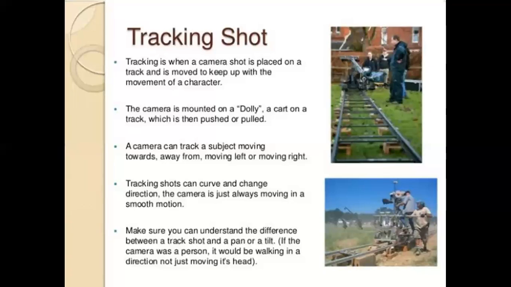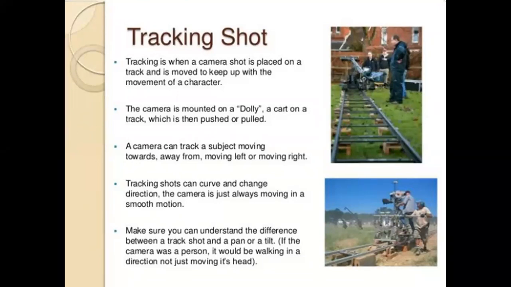Make sure you can understand the difference between the tracking shot and a pan or a tilt. Because if the camera was a person, it would be walking in a direction, not just moving its head.